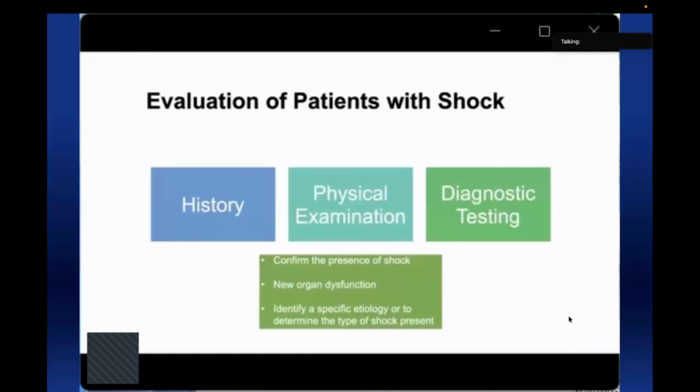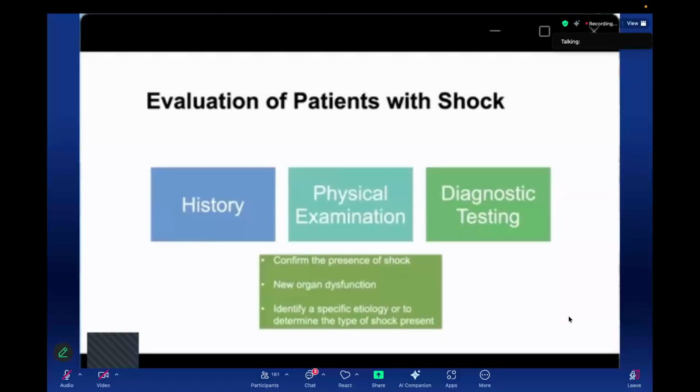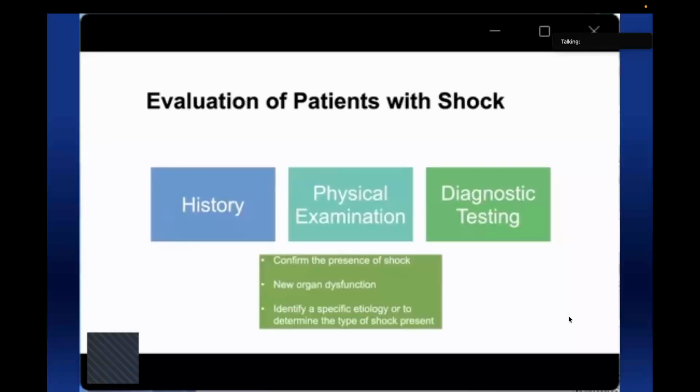Likewise, your PE can also be very helpful in determining what type of shock, as you can see earlier about the hemodynamic changes that I've shown you earlier with your CVP, your wedge, your systemic vascular resistance, and your cardiac output.